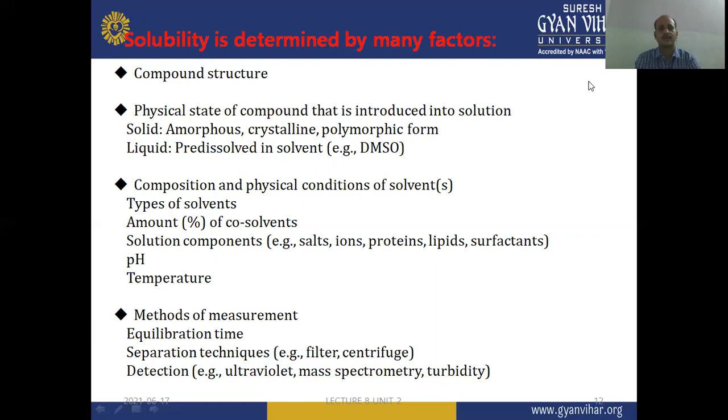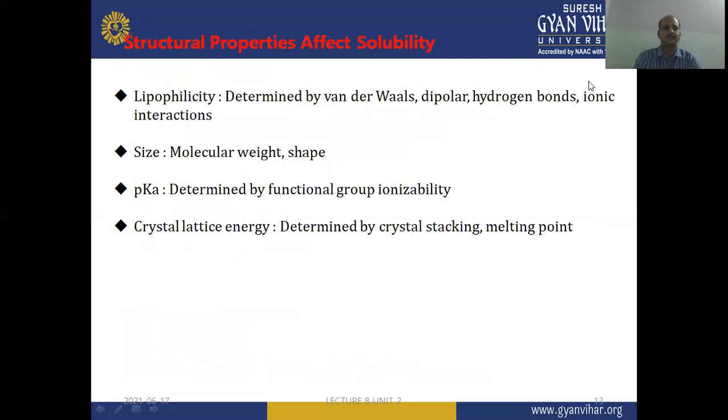Then the methods of measurement: equilibration time, separation technique, either filtration or centrifugation, or detection technique, maybe UV, mass spectrometry, or turbidity. These are also factors which affect the solubility.